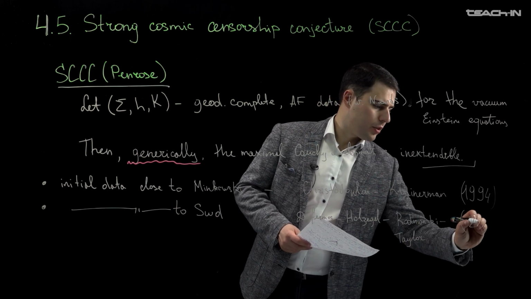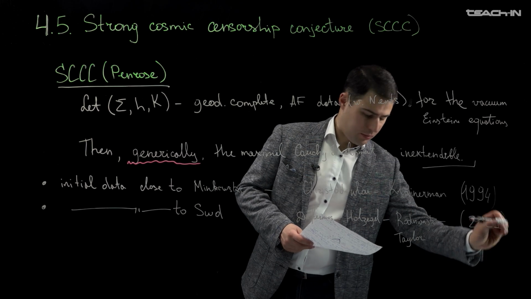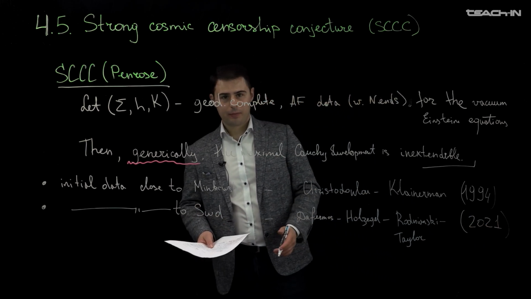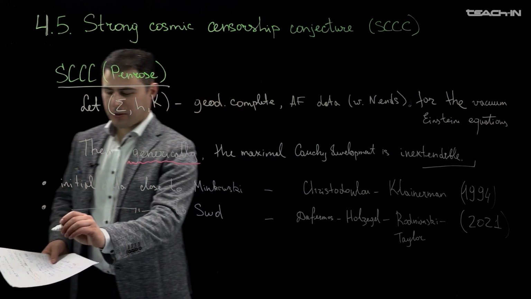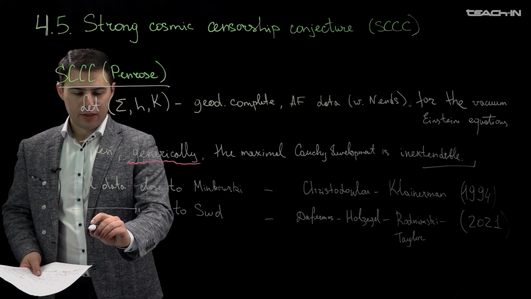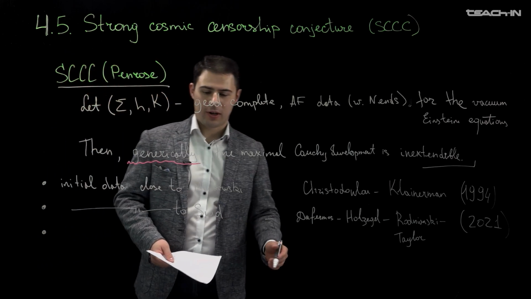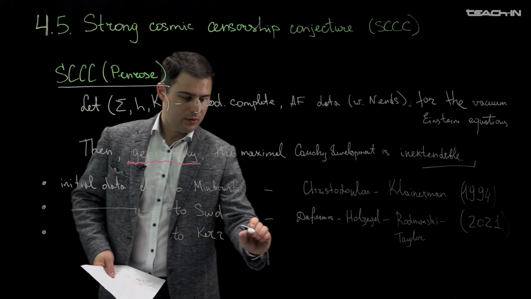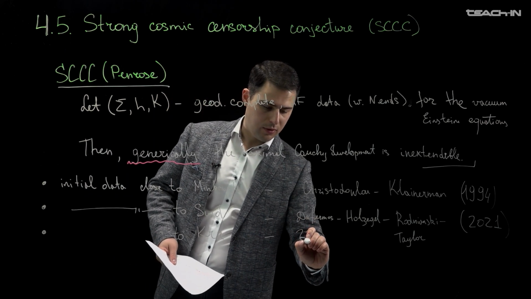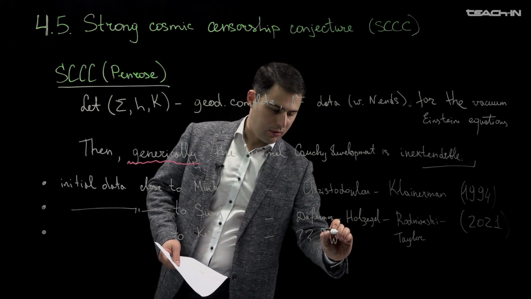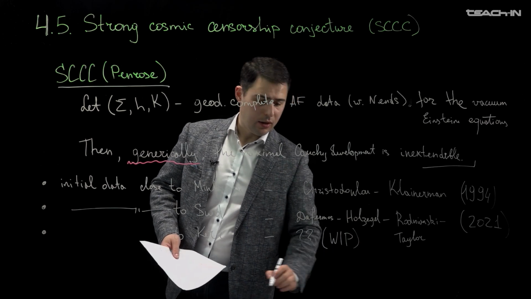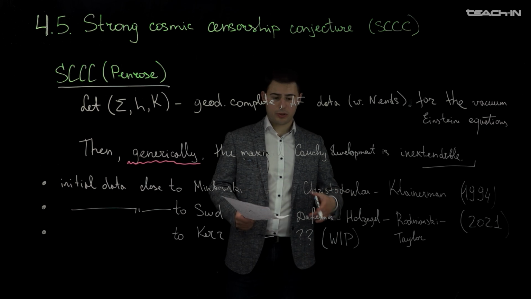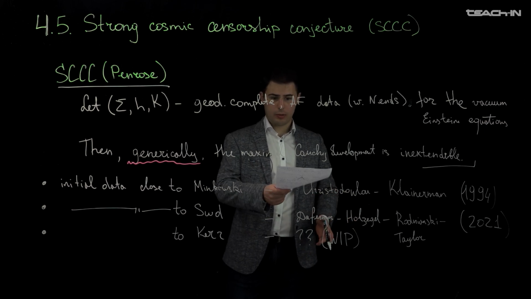It was done only recently, in 2021. Now, the next step is of course the Kerr spacetime, but we don't have any results so far. It is still work in progress, done by this group.